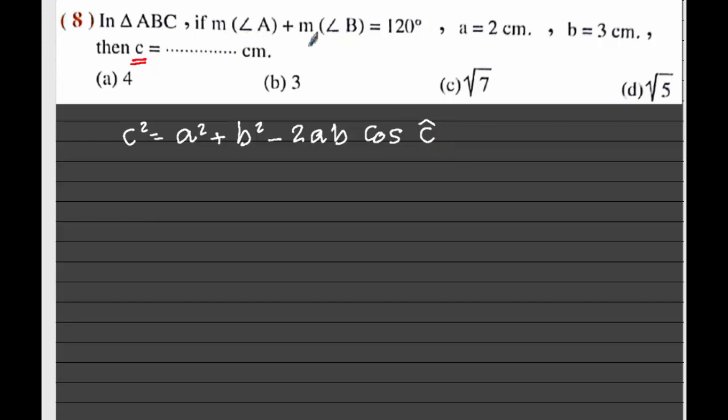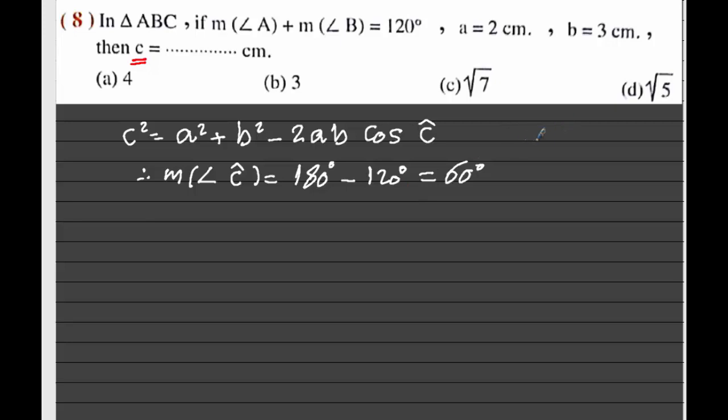From this given, we have measure of angle A plus measure of angle B equals 120, so measure of angle C equals 180 degrees minus 120 degrees. The result equals 60 degrees.